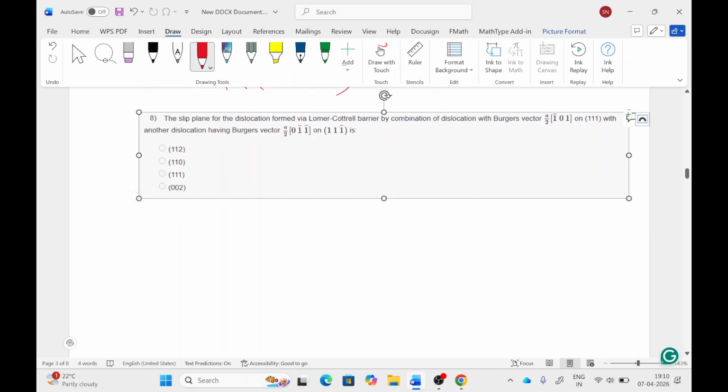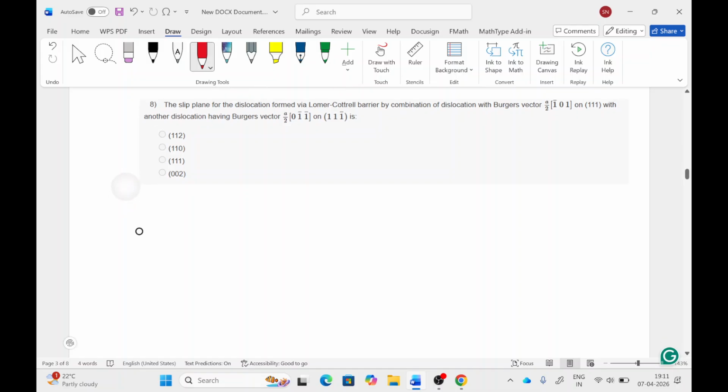Next question is the slip plane for the dislocation formed via Lomer-Cottrell barrier by combination of a dislocation with Burgers vector a/2 [bar 1 0 1] on the (111) plane with another dislocation having Burgers vector a/2 [0 bar 1 1] on this plane. So we have to find the slip plane for the resultant dislocation. For calculating this, first we have to find the line vector for the resulting dislocation interaction.